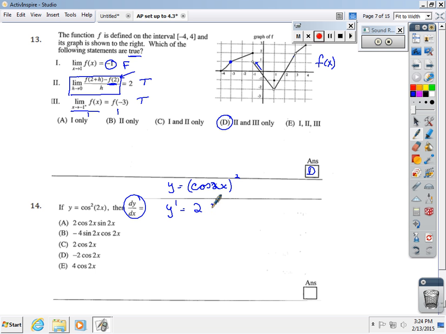So it's going to be 2 cosine 2x times negative sine 2x times 2. And let me see when I simplify that, that's negative 4 cosine 2x sine 2x. And I got to see if they need to simplify that or if that's the answer that they give us. And they do have that as a choice. That is B.